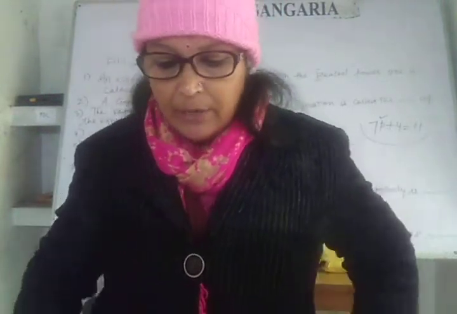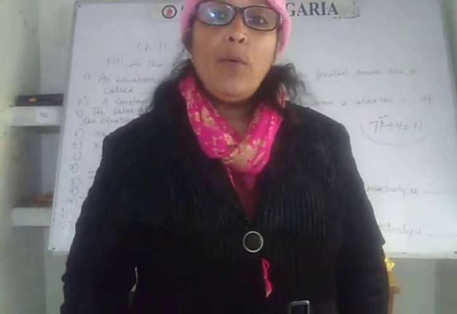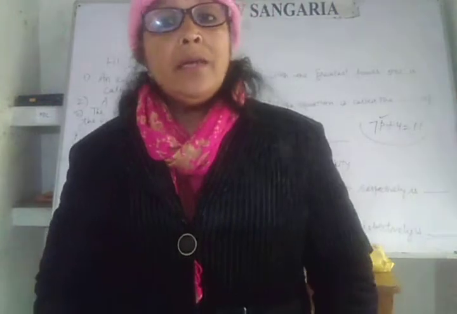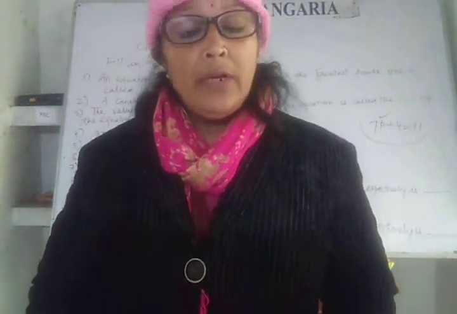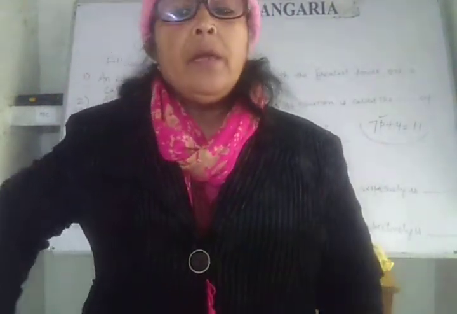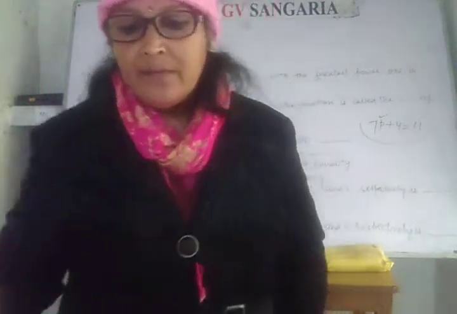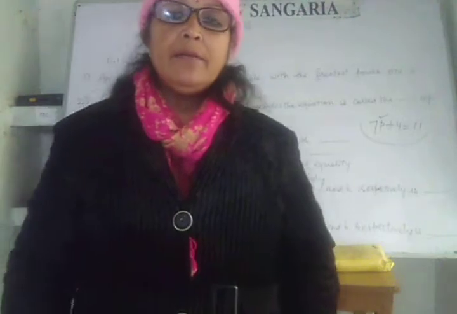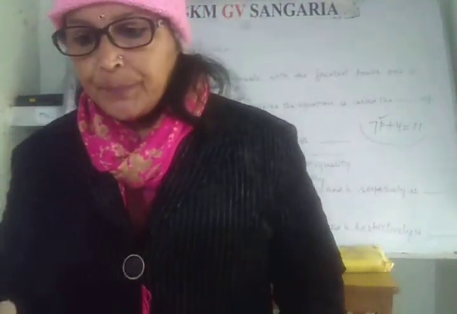Then an equation: a statement of equality involving one or more variables is called an equation. An equation has which sign? Equality sign. It doesn't have a greater than or less than sign. It has an equality sign, that is equal to, between its two sides. Every equation says that the value of the left hand side is equal to the value of the right hand side.